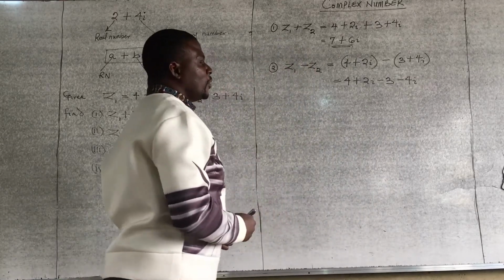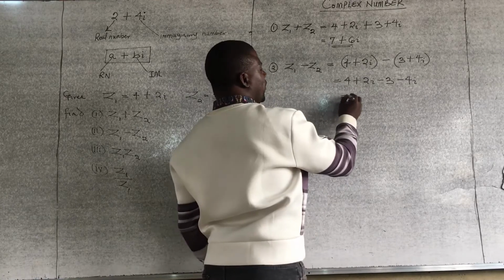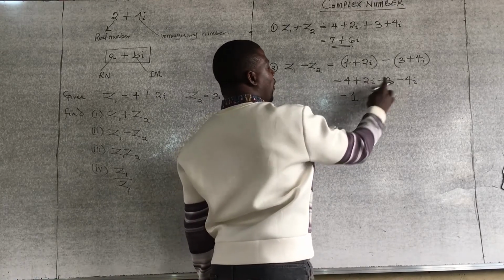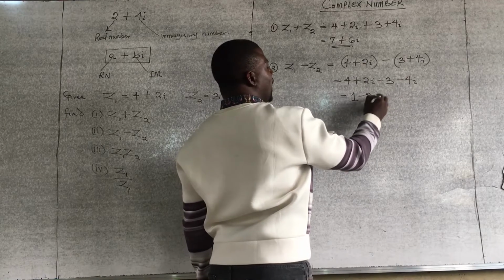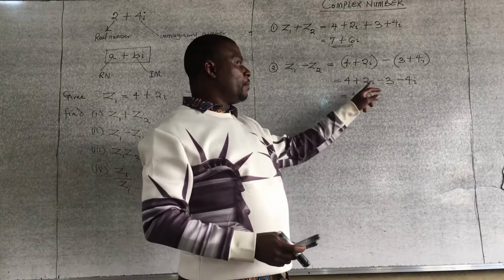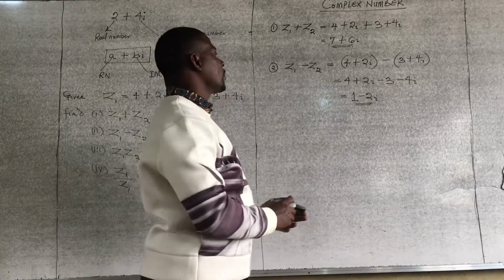See that? So from here I can say 4 minus 3 is 1, plus 2 minus 4 is minus 2i. You can use your calculator for that. 2 minus 4 will give you minus 2.